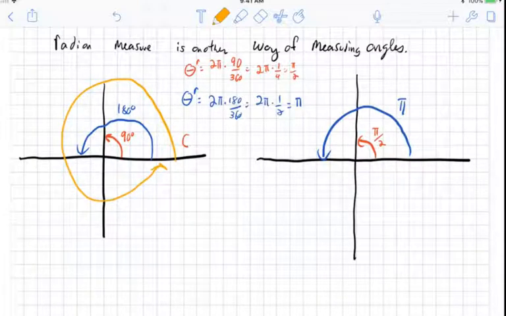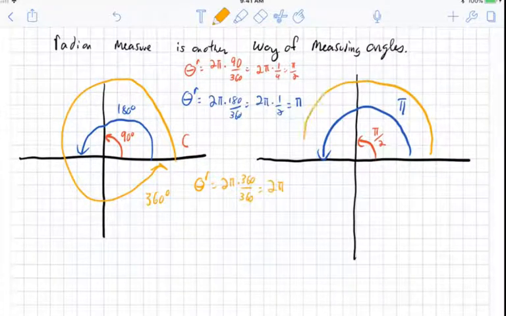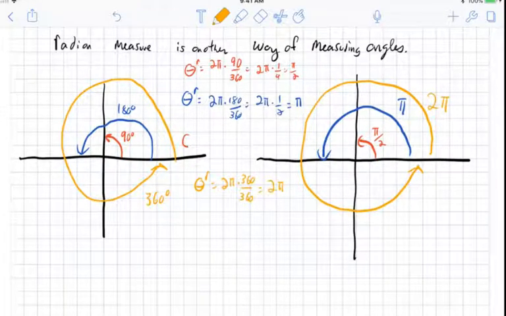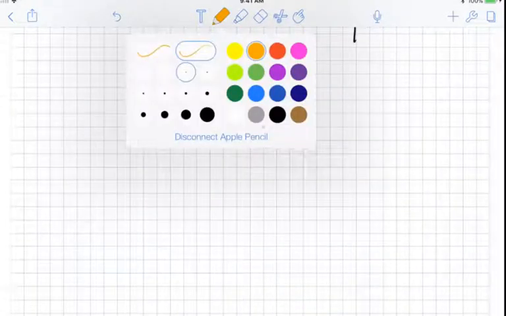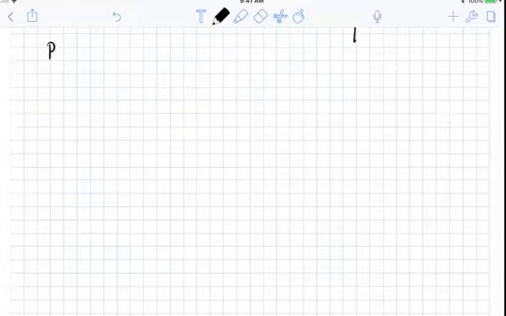That's 360 degrees. In radian measure, 2 pi times 360 divided by 360 is equal to 2 pi. All the way around the circle is 2 pi. Okay, before we go any further, let's practice converting between radians and degrees, or rather degrees and radians, back and forth. The trick here is percentage.